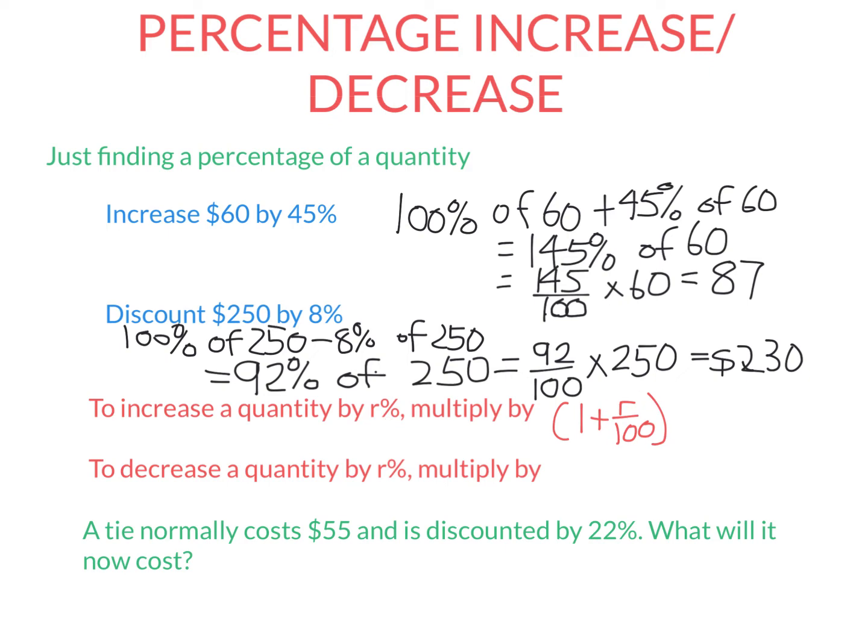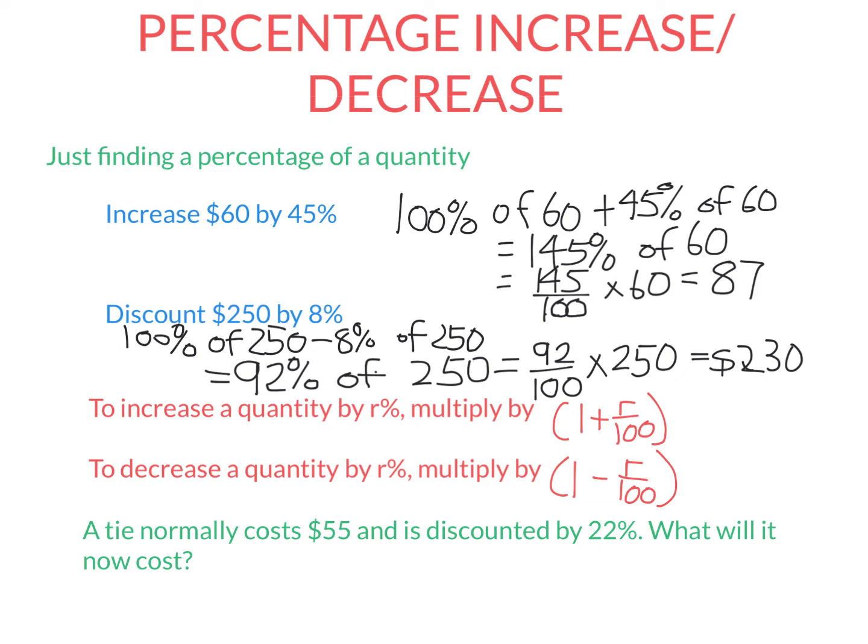So similarly, if we want to decrease a quantity by R%, we're taking 100%. Remember, 100% as a decimal is just 1.0. And we're subtracting the percent from 100%. So these formulas look very similar. In both cases, you multiply, but if you're increasing, it's 1 plus R over 100. If you're decreasing, it's 1 minus R over 100.